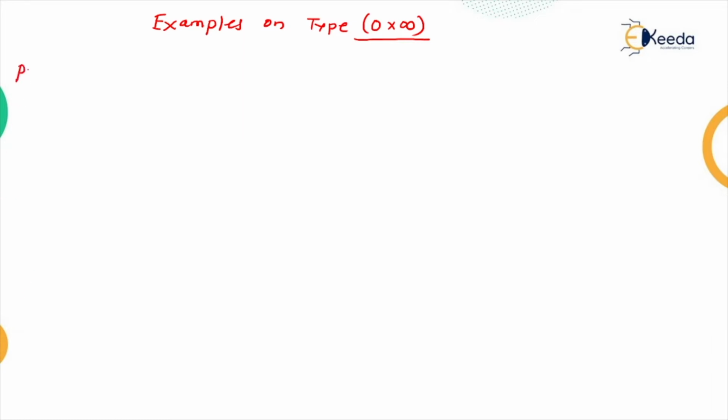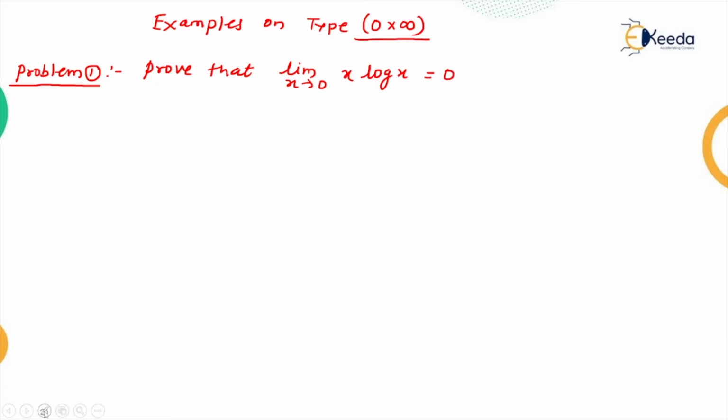Problem number first: prove that limit as x tends to 0 of x into log x is equal to 0. We have to prove this. So let's see how it will be proved. Solution.